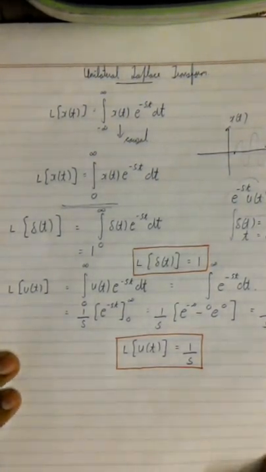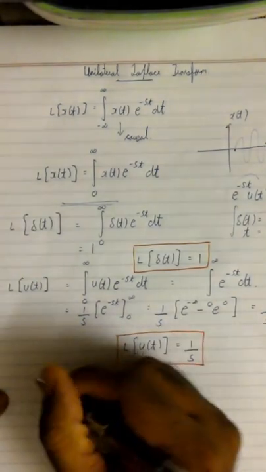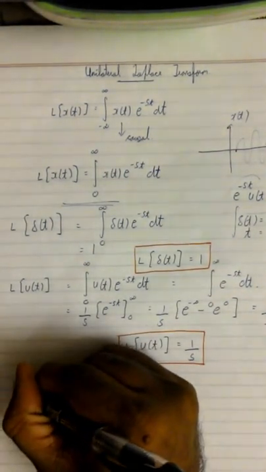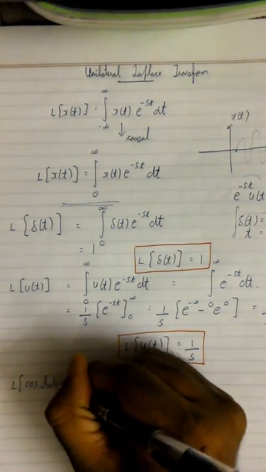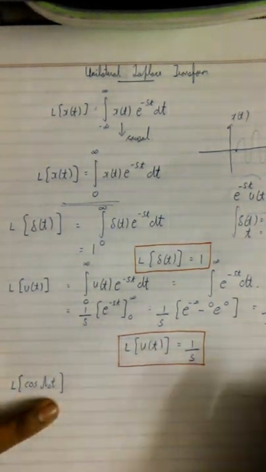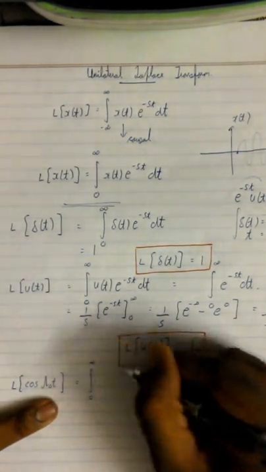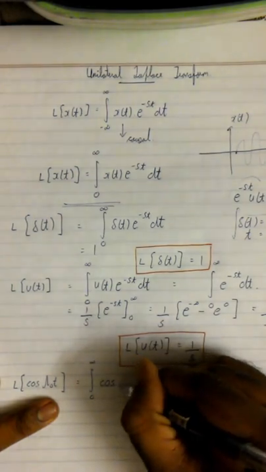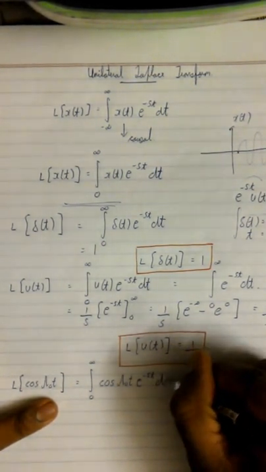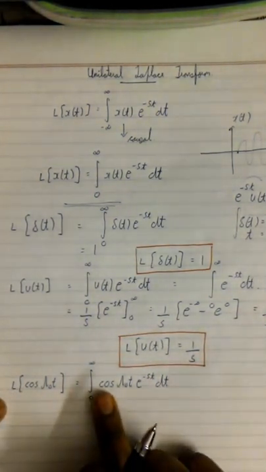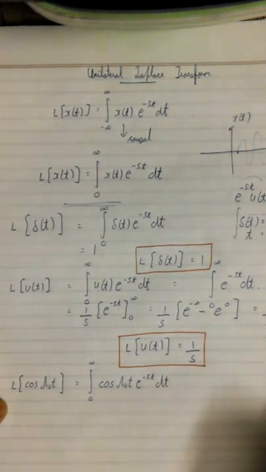The next equation you're going to apply is the Laplace transform of cos ohm 0 t. So let me find the value. The unilateral Laplace transform of cos ohm 0 t is equal to the integral from 0 to infinity of cos ohm 0 t into e raised to minus st dt. I can substitute cos ohm 0 t as e raised to j ohm 0 t plus e raised to minus j ohm 0 t by 2.